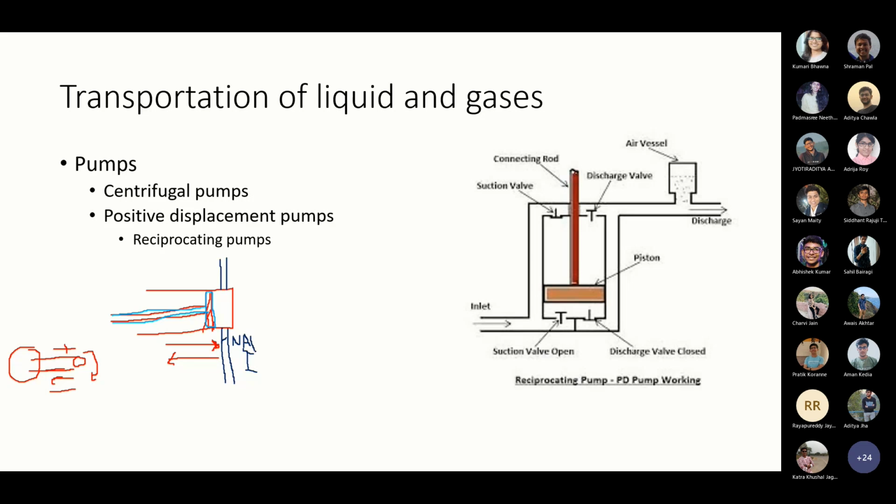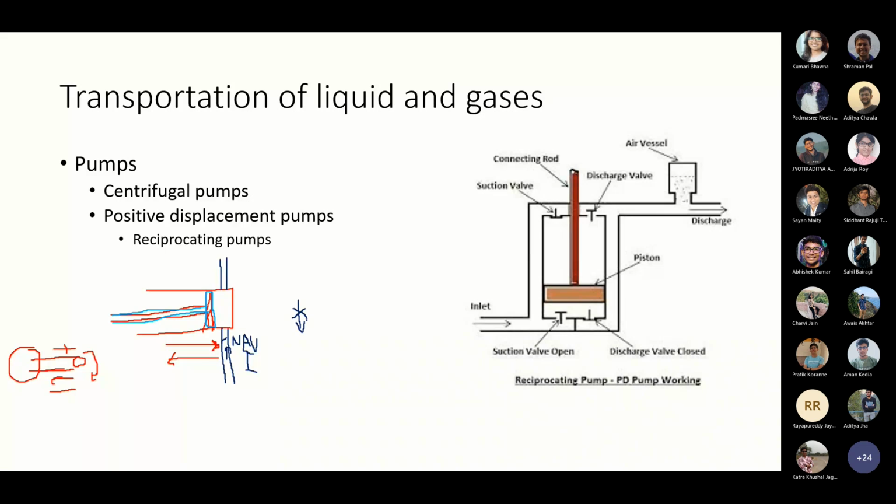A non-return valve means it accepts the fluid to flow only in one direction. So in this case, it accepts fluid flow only in this direction, down to up. It won't allow the fluid to move from top to bottom. That type of valve is called a non-return valve.